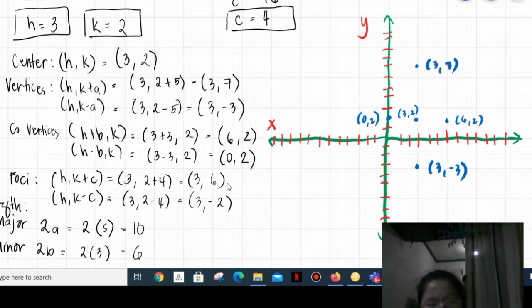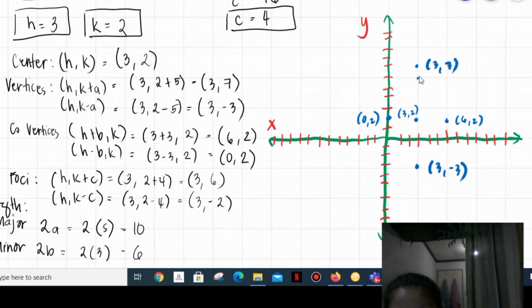Next naman natin, pwede na natin i-graph si foci. Pwede naman i-draw nyo muna bago si foci or i-point nyo na rin naman. Si foci natin ay 3, 6. So, 1, 2, 3, and then 1, 2, 3, 4, 5, 6. Dito si foci. Of course, kita nyo naman, pasok siya dun sa major axis.